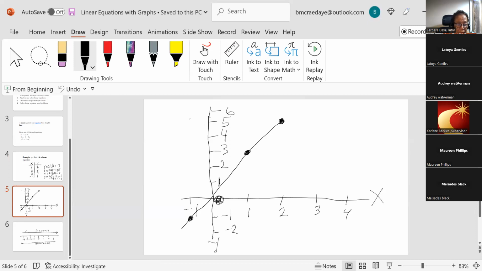But after the 0 on the left is negative. So that's a negative 1. So X is a negative 1, and just go right over here to your right. The Y is a negative 1. So if I connect these 3 points, I get a straight line. And that's characteristic of linear equations. You get a straight line. Any questions?